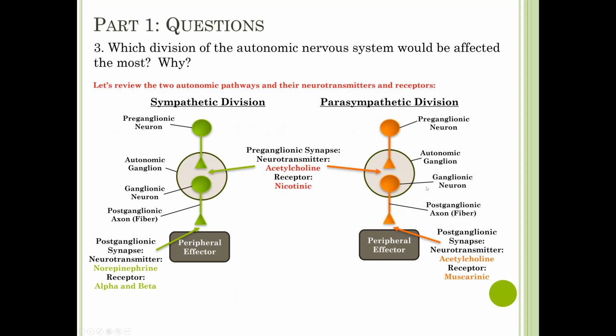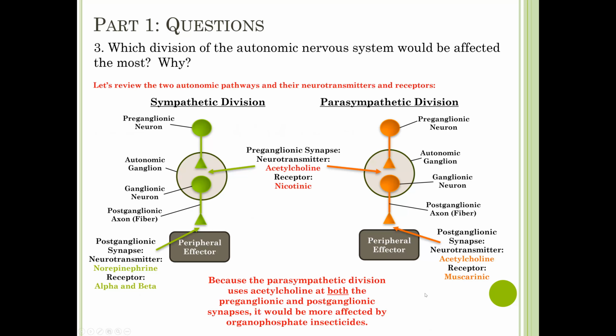So both divisions use acetylcholine at nicotinic receptors at their first synapse, but only the parasympathetic division uses acetylcholine a second time at the second synapse. So because the parasympathetic division uses acetylcholine at both the preganglionic and postganglionic synapses, it would be the most affected by organophosphate insecticides, which block acetylcholinesterase.